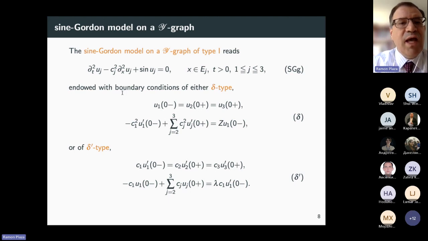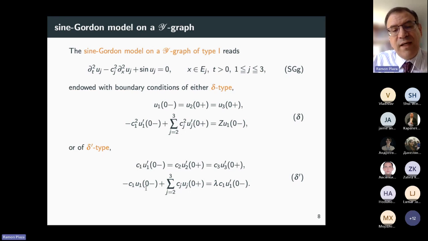Here I have to say that the velocity on each edge is different. So we have three velocities, c1, c2, and c3, one on each edge. The other type of boundary conditions that we consider are called of delta prime type, which means that the fluxes are the same at the vertex. So c1 u1 prime is the same as c2 u2 prime, and is the same as c3 u3 prime at the vertex.